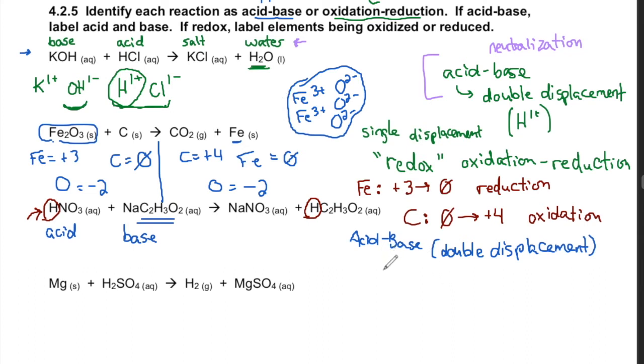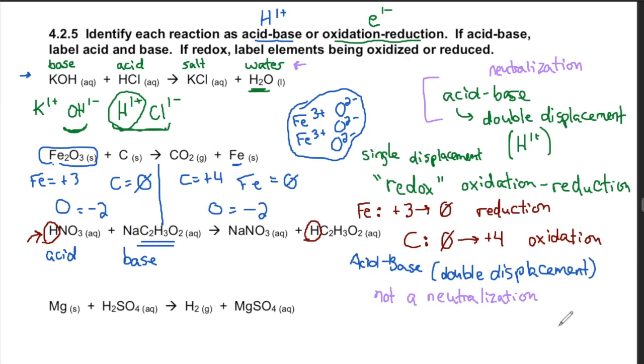This one is not a neutralization, but it still is an acid-base reaction. We're not covering acid and base reactions too much in this chapter because that topic is covered more in depth in Chemistry 102, but I wanted you to know that an acid-base reaction is the transfer of a proton or a hydrogen ion.